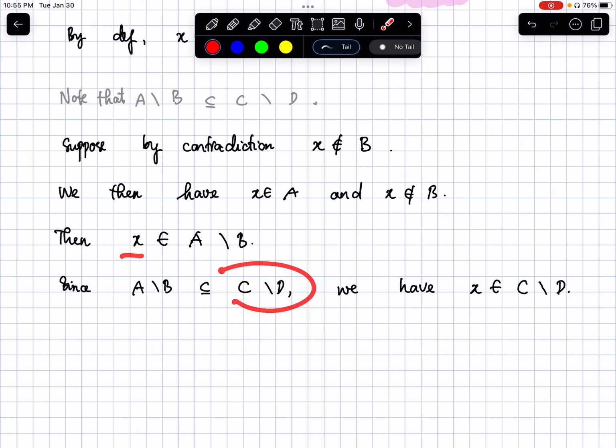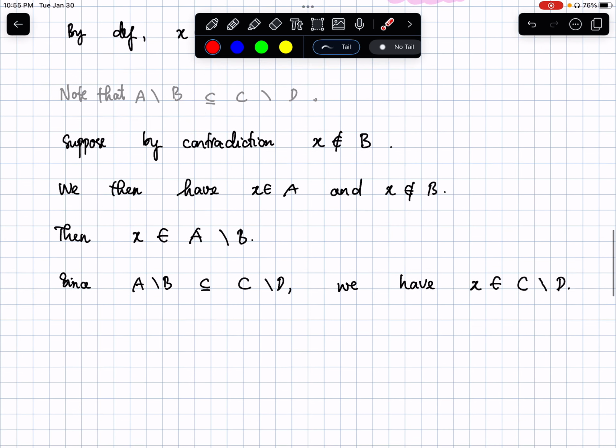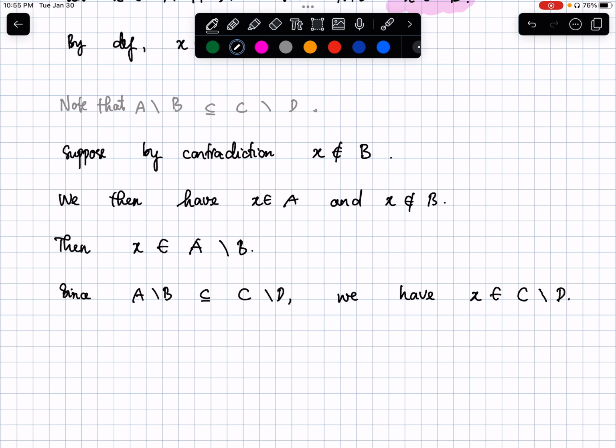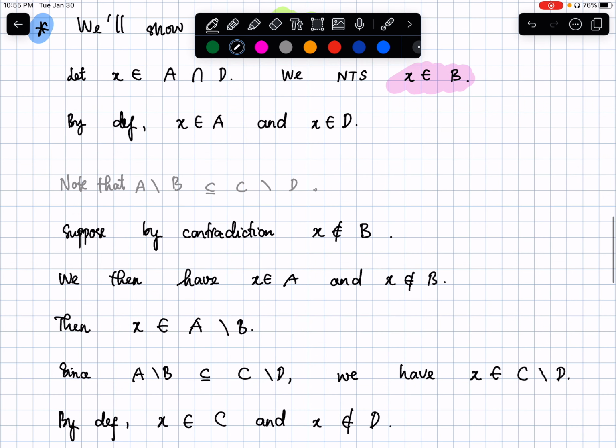Therefore, x must be an element of C minus D. Okay, what does that mean? By definition, x is an element of C and x is not an element in D, right?